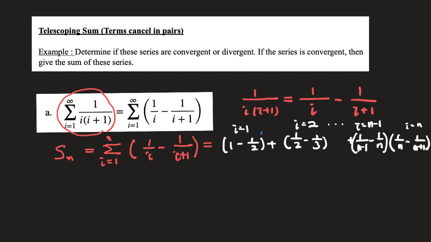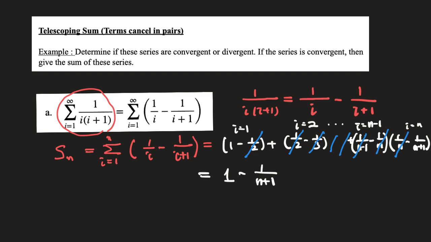Look, see, negative 1 over 2 cancels out positive 1 over 2. Negative 1 over 3, positive 1 over 3. So this 1 over n minus 1 cancels the previous term. Negative 1 over n cancels right here. So what are we left with? Here is 1, and here is negative 1 over n plus 1. That's the partial sum of this sequence.